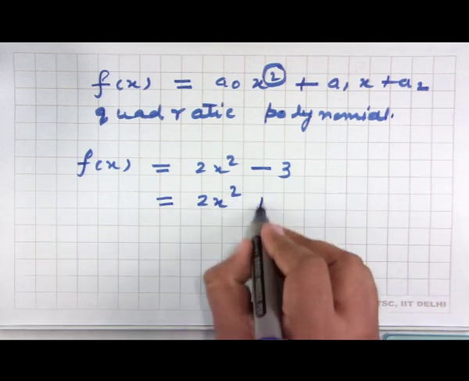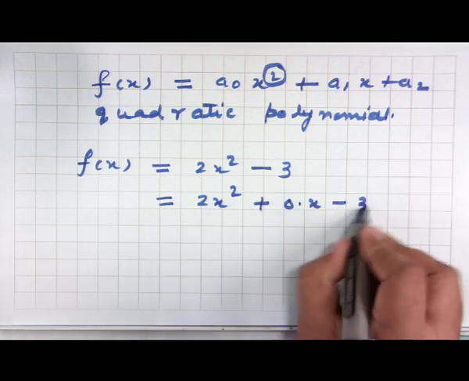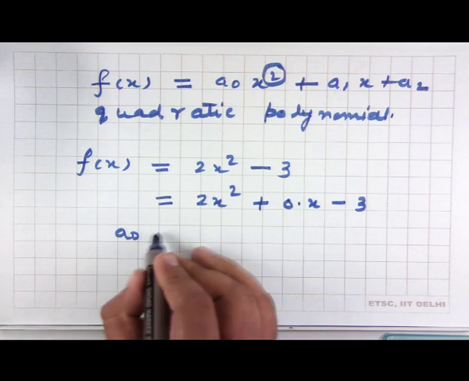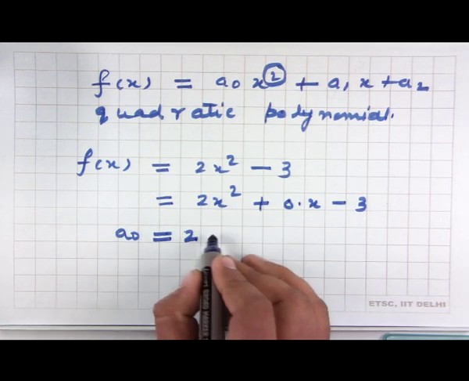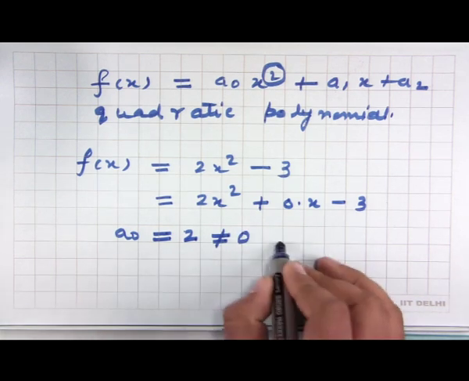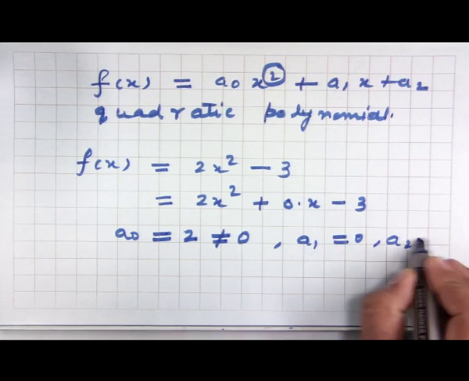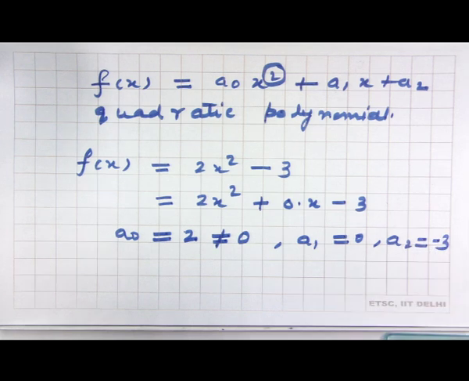We can write it in that way, 2x square plus 0x minus 3. a0 is 2, which is not equal to 0, and a1 is 0, a2 is minus 3, because the highest power in that polynomial is 2, so that is why it is called a quadratic polynomial.